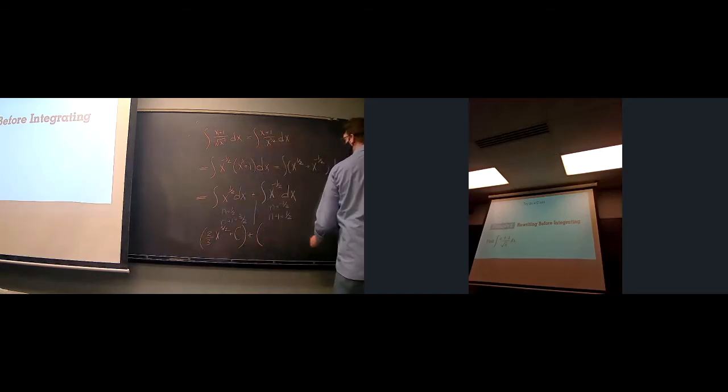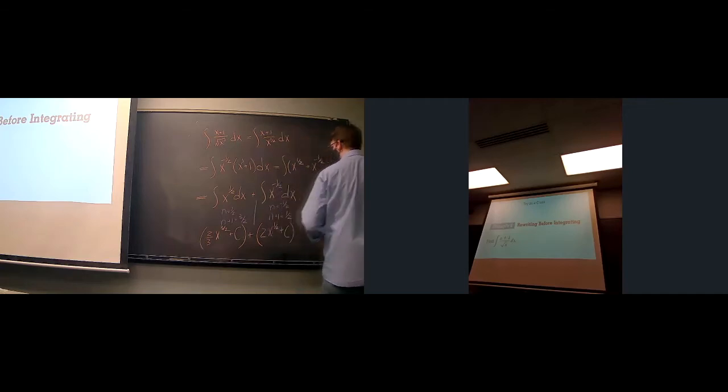And then this is going to come out to be 2 times x to the 1/2 plus our constant c. We can rewrite all of this as 2/3 x to the 3/2 plus 2x to the 1/2 plus c.